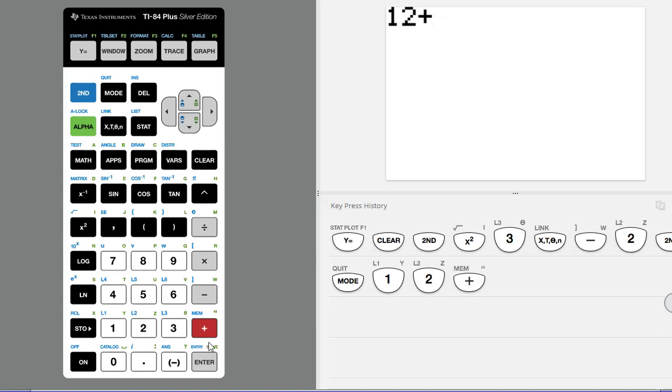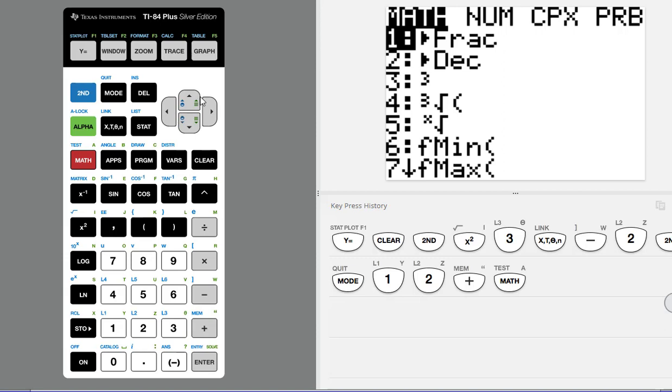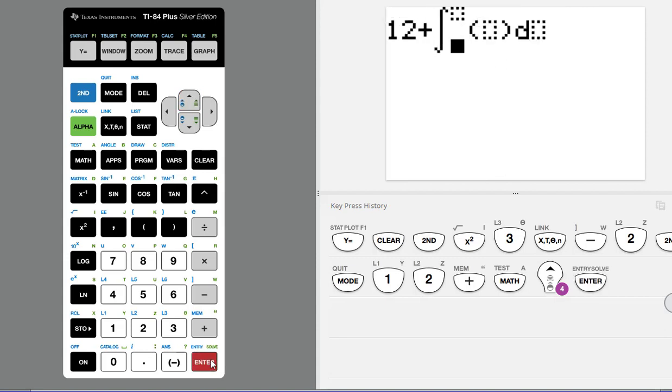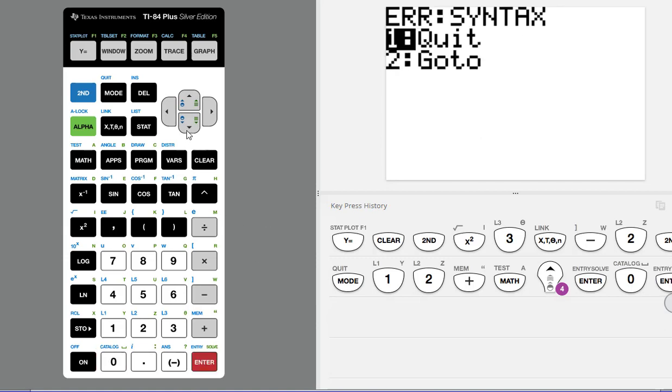We're going to do 12 plus, I'm going to go to math. I can use my up arrow to get to the bottom of the list a little bit faster. Or you could have just pressed 9 if you remember that integration is option 9. All right. And so we're going from 0. Uh-oh. I think I needed to use the arrow.